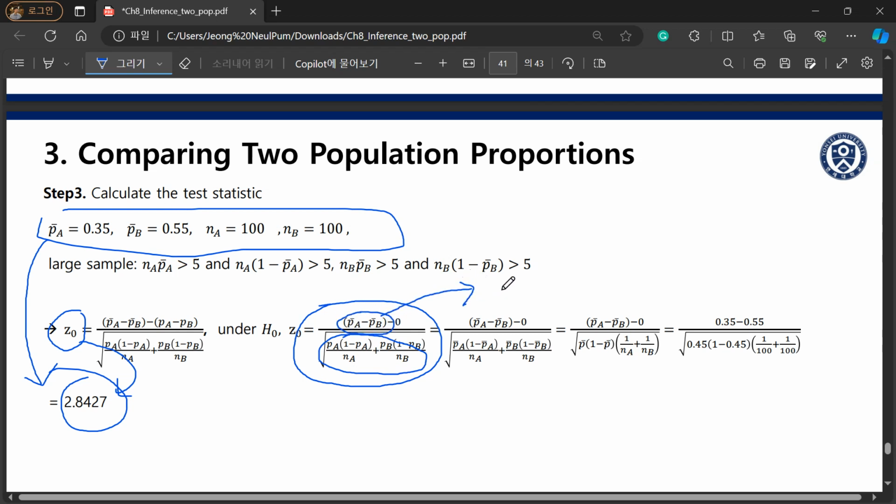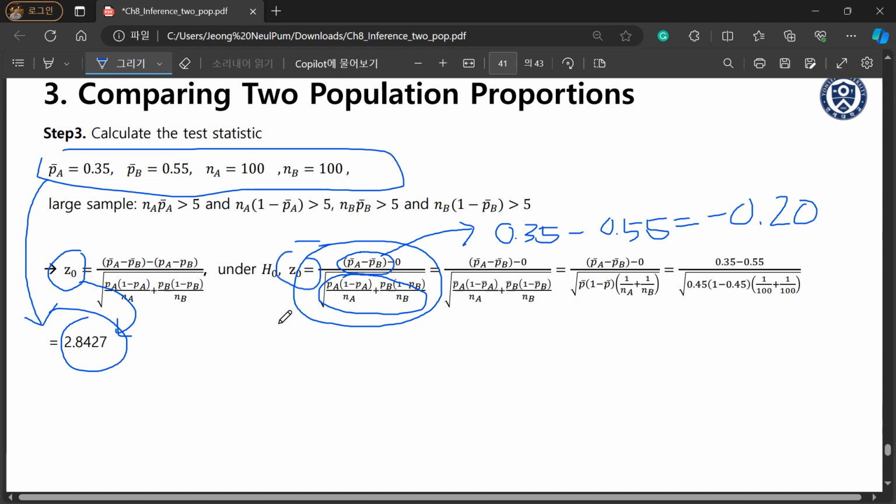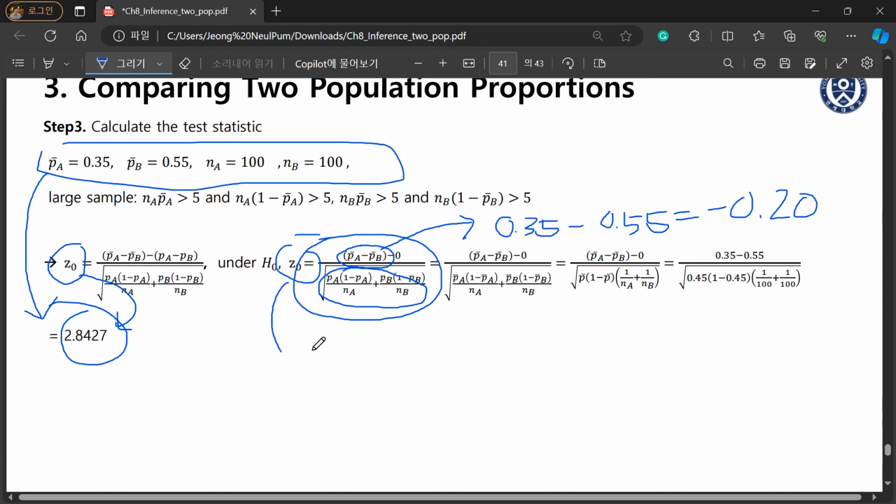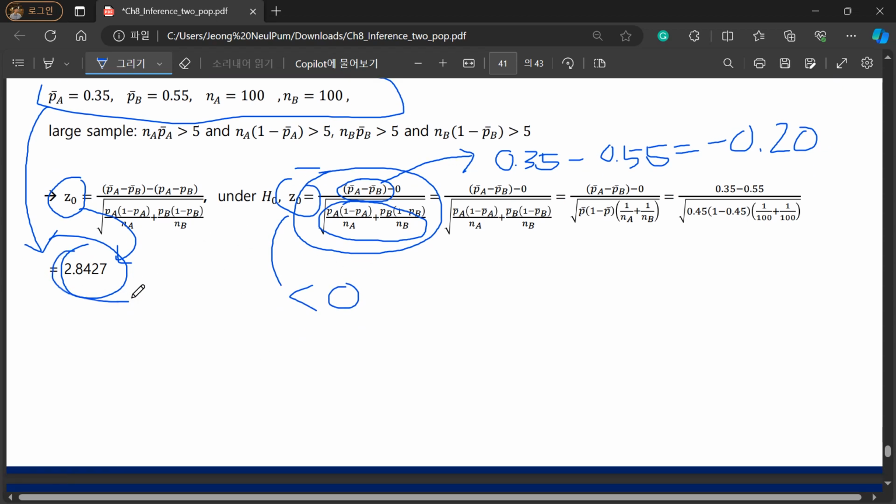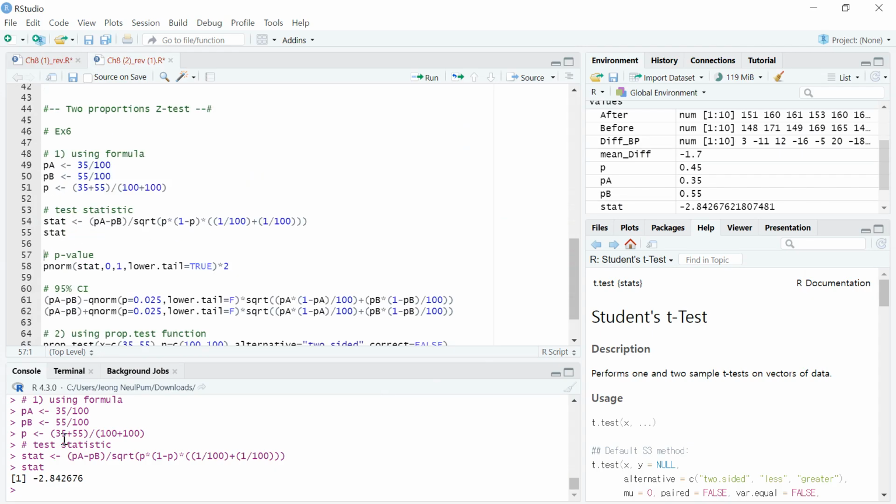PA bar is 0.35, and PB bar is 0.55, so it has to be minus 0.20. So this test statistic Z0 has to be less than 0. I think this should be minus 2.84 here. This is why I got the result as minus 2.84.